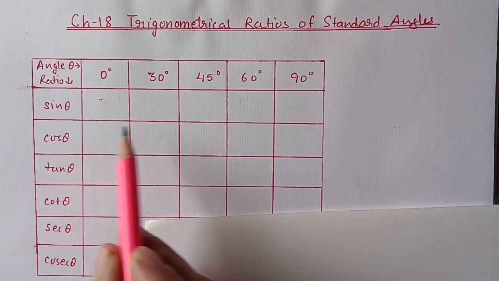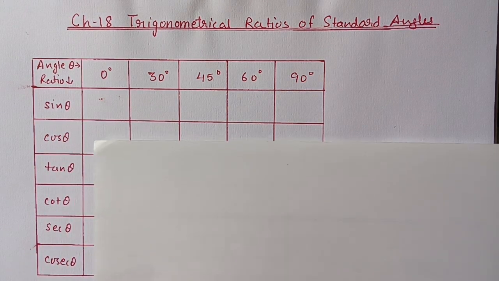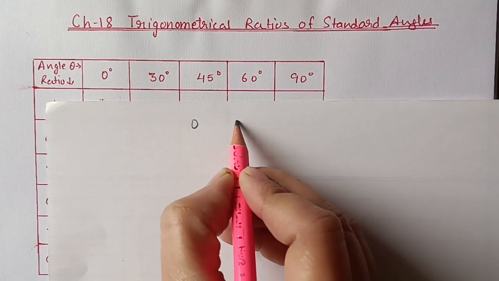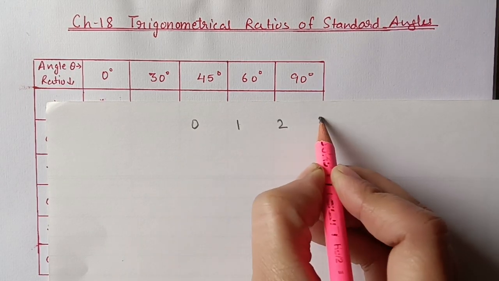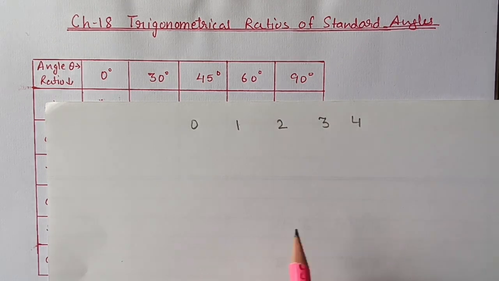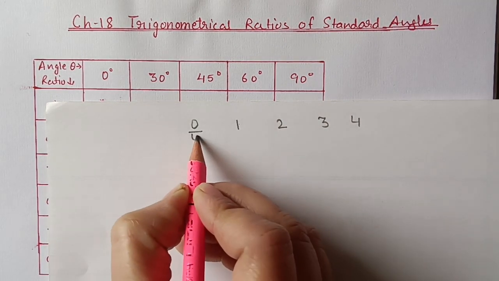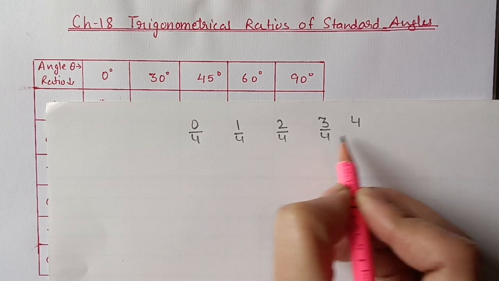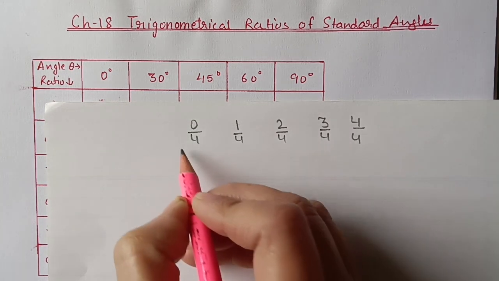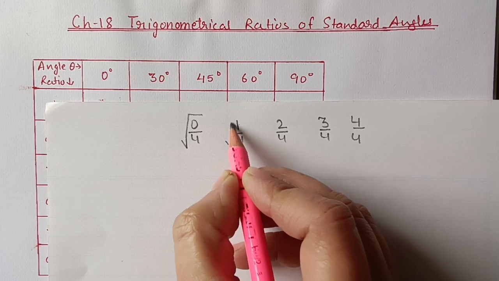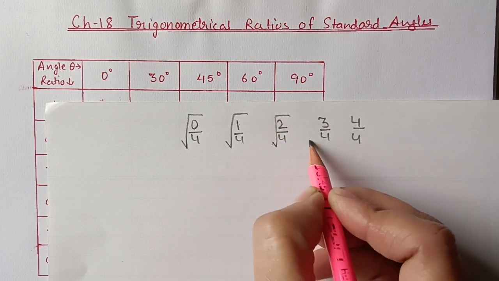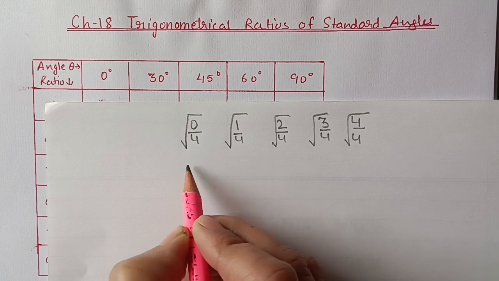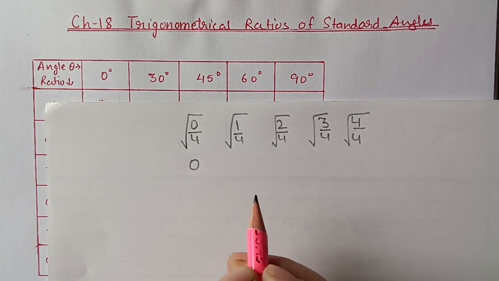For the first ratio, for sine, first of all you have to write 0 to 4. After that each number you have to divide with 4, and then you have to take the square root of these. 0 by 4 is 0, so here finally we will get 0.